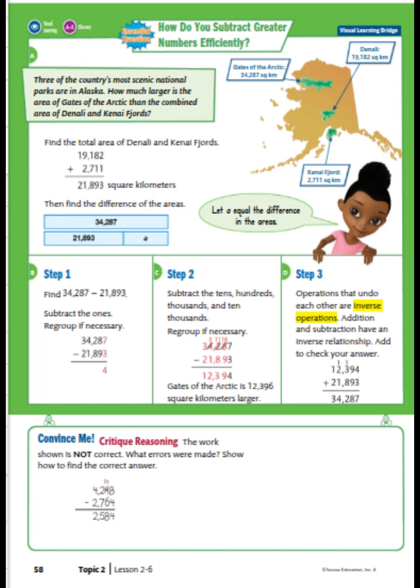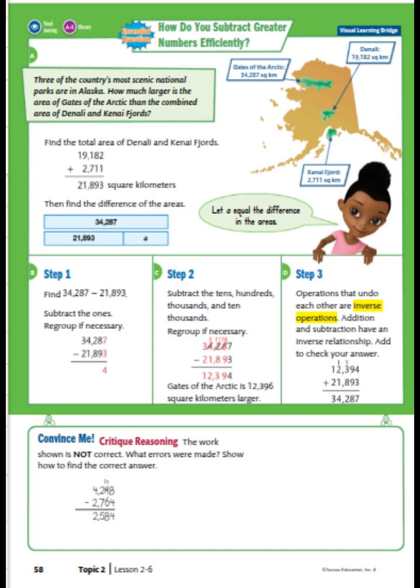We see that 7 minus 3 is 4 in step 1. Let's move on to step 2. Step 2 says subtract the tens, hundreds, thousands, and 10,000s. Regroup if necessary. And we know what that word regroup means. It means we take away from one place to the left and add 10 to the number on the right.